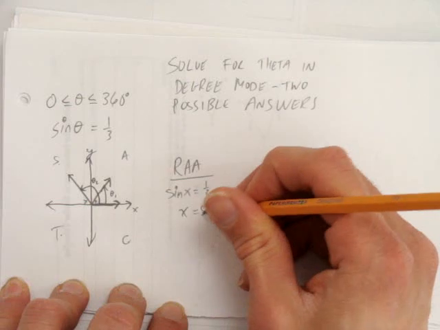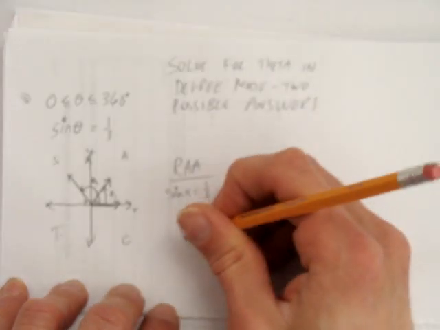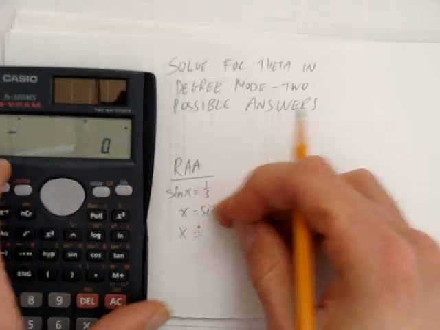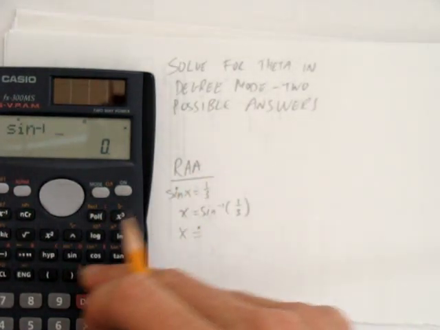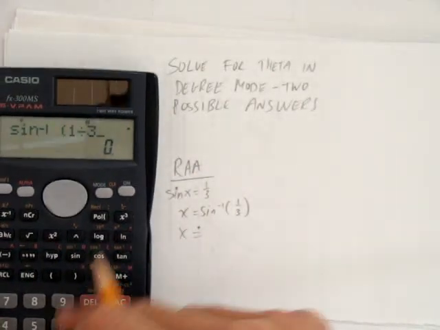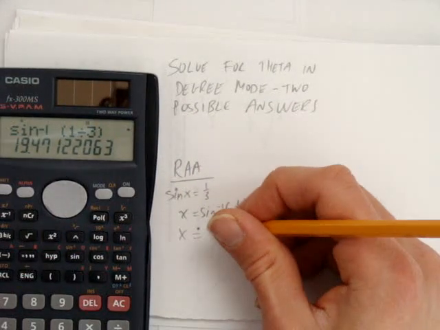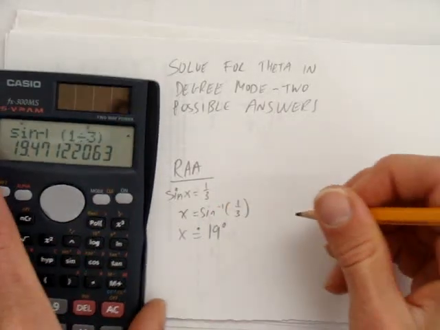Well, x is going to be the inverse sine. I'm going to use my calculator in degree mode, make sure you're in degree mode, to solve this equation. So I'll go second sine, brackets, 1 divided by 3, close the brackets, and I get x is approximately, let's round to the nearest degree, 19 degrees.